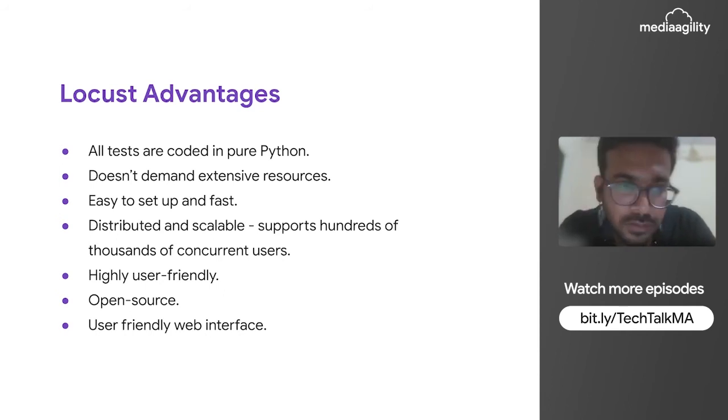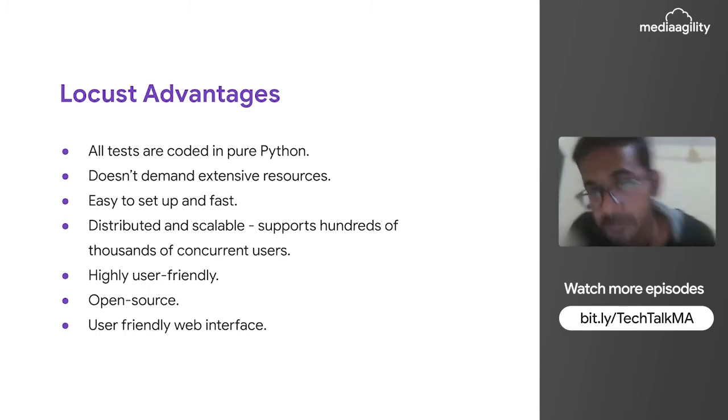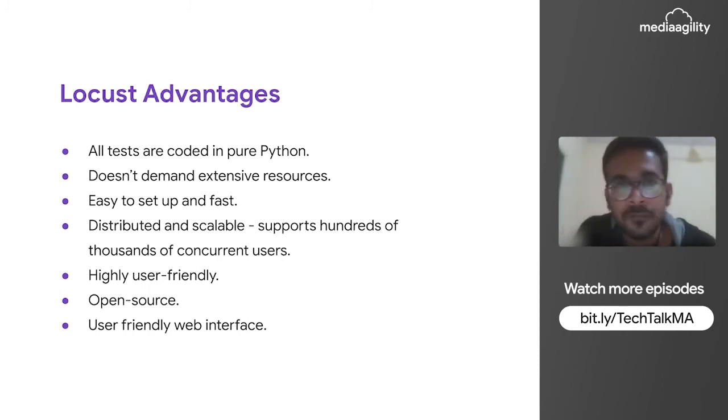We can also use a distributed and scalable approach in Locust, where it supports hundreds of thousands of concurrent users. That makes it very user friendly. It is open source, and it provides a friendly web interface where we can enter our web server API address and other things.